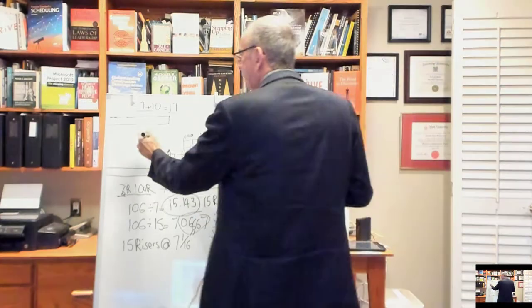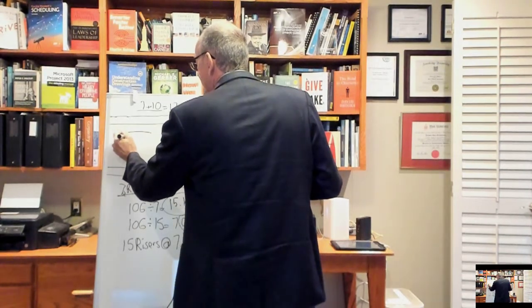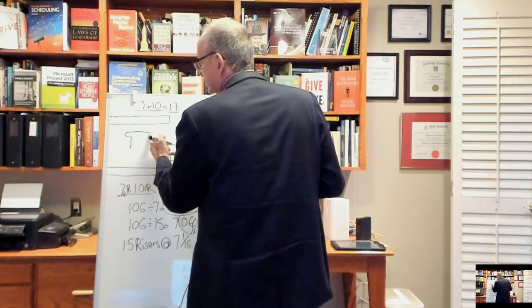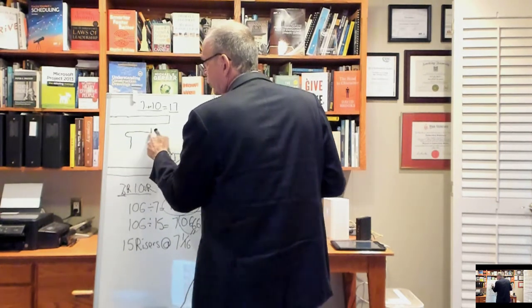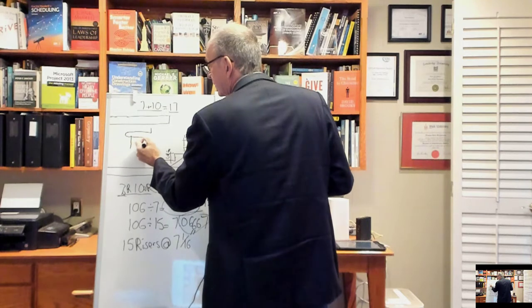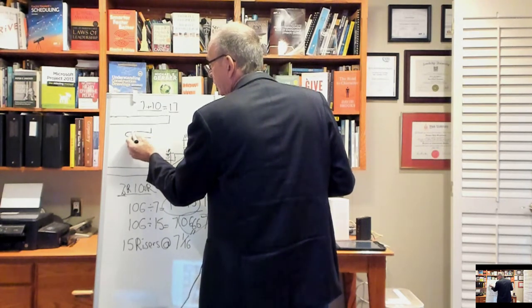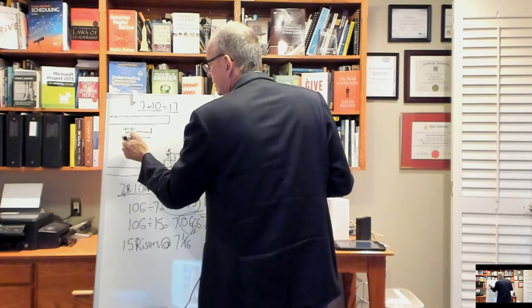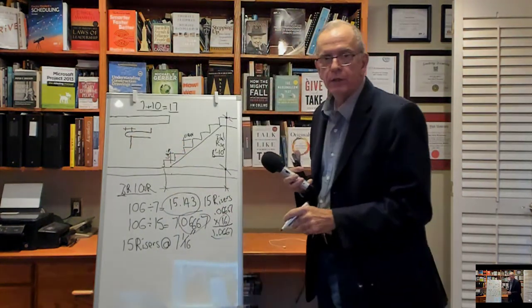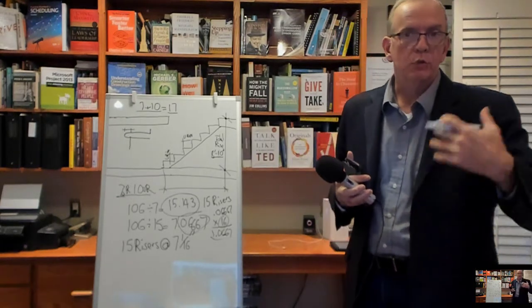Just to recap, a tread, if we're talking about stairs, a tread is the unit run, face of riser to face of riser, plus the nosing. And the nosing can't be more than 25 millimeters or 1 inch.